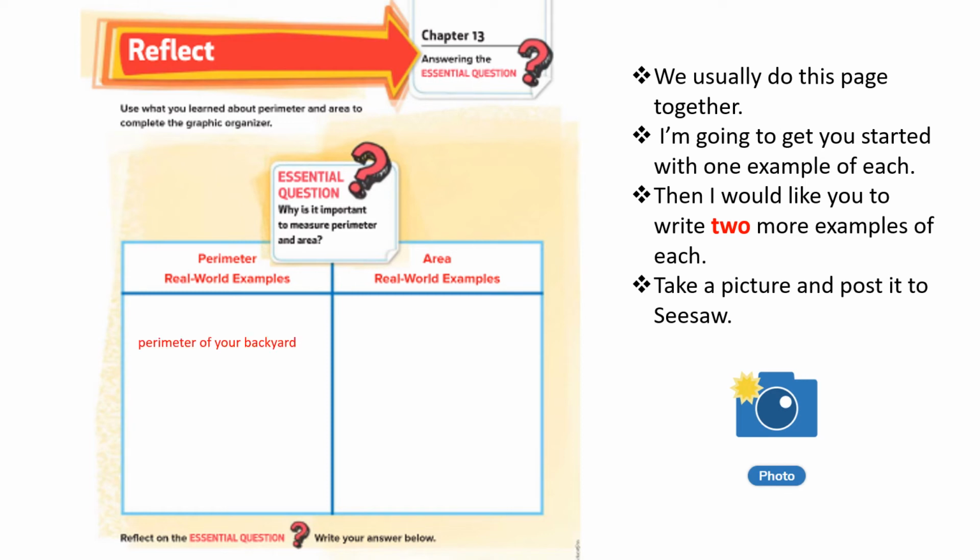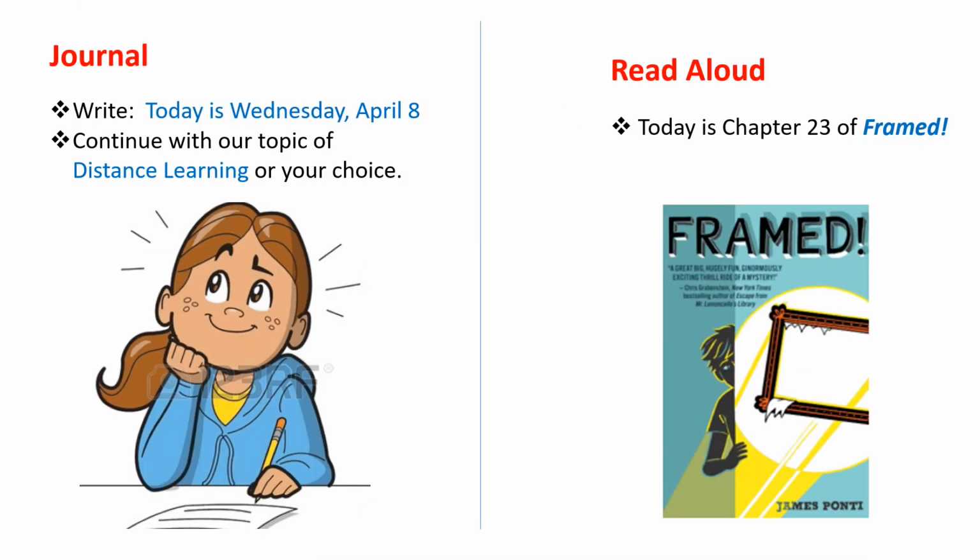I suggested the perimeter of your backyard. If you're going to put a fence up, you're going to go all the way around the outside edge. Now I'd like you to think of 2 more examples. An area in the real world, the area of a rug. You need to know how much area you're covering with your rug to be able to buy the correct size. Now, can you continue and add 2 more here and then take a picture and post it?